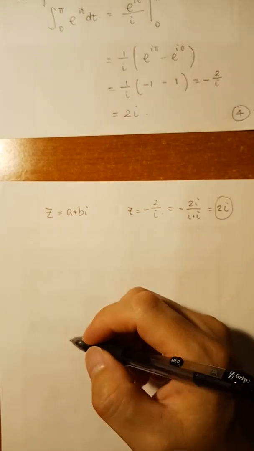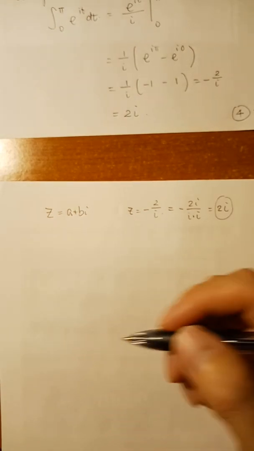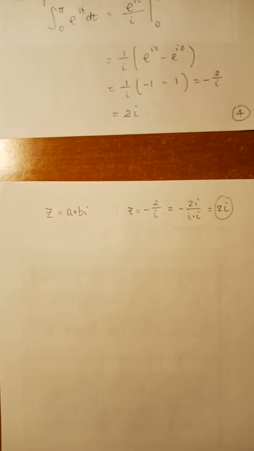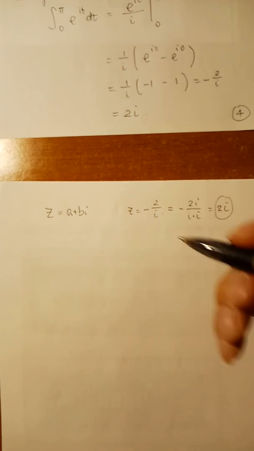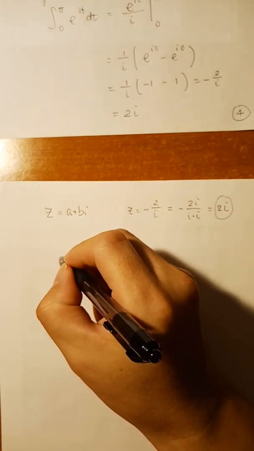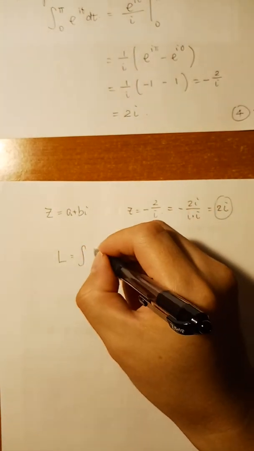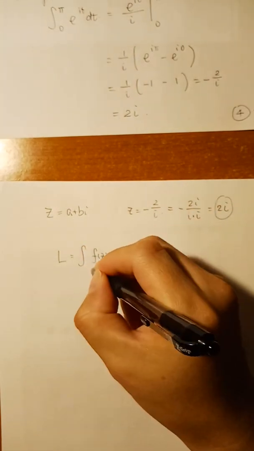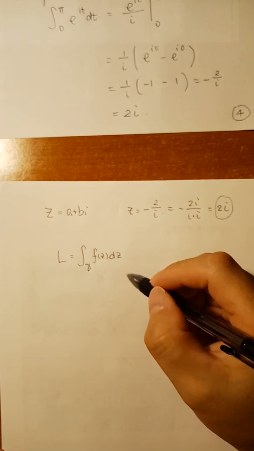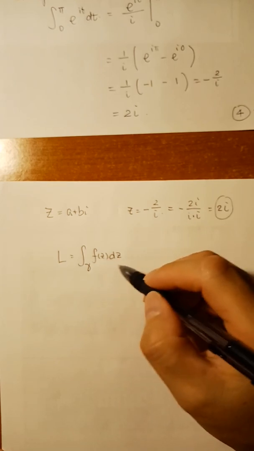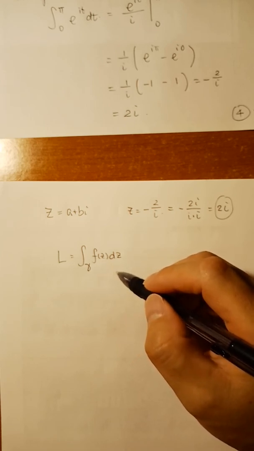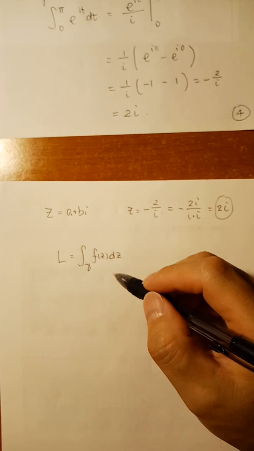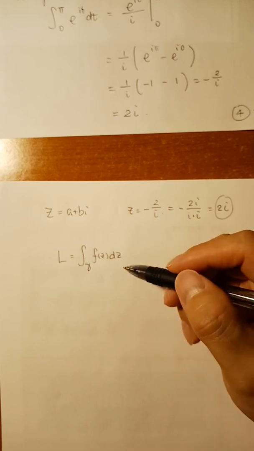Okay, so now let's see how we apply what we just learned to evaluate the integral. Originally, the integral of f along gamma has a complex variable. When we have a complex variable, we cannot apply the fundamental theorem of calculus, because it requires a real variable.